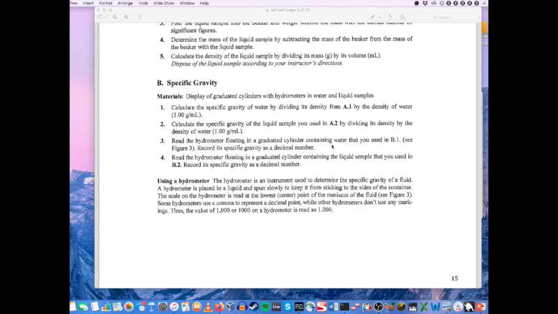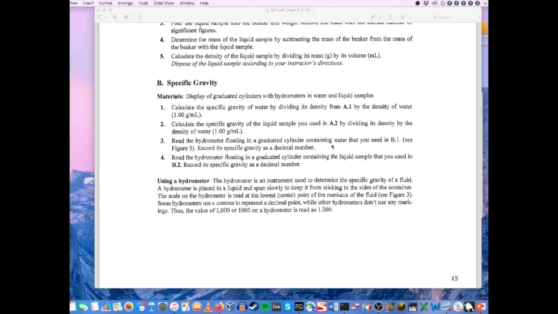And then you will, in part 2 of part B, calculate the specific gravity of the unknown liquid sample, by dividing its density from part A2 by the density of water, which is 1.00 grams per milliliter. Then, once you've done that, you can do that when you fill in the report.